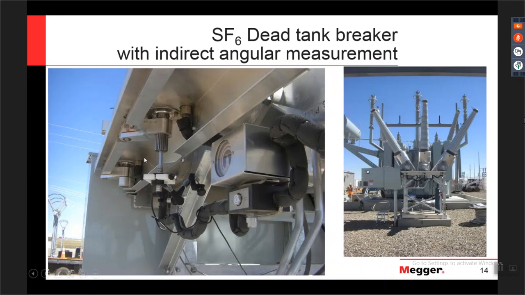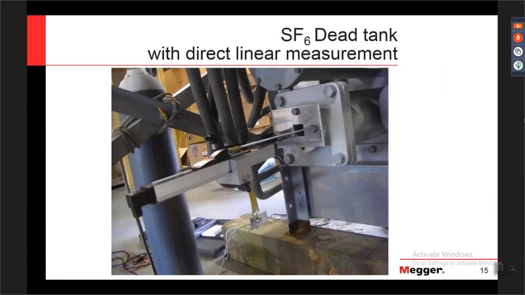This motion is connected to the linear movement of the moving contact, but it's not a direct connection. So, next one. In this case, it's a direct linear measurement because this rod is connected directly to the main contact. It's also a dead tank breaker.